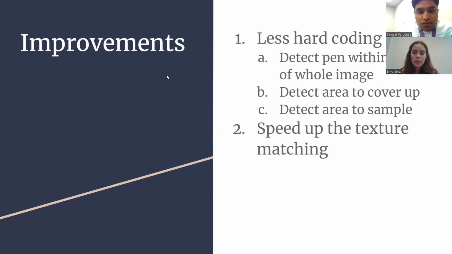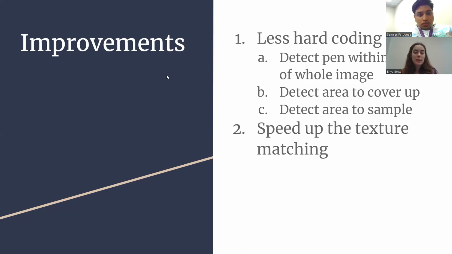Also, we hard coded which area we wanted to cover up and the area that we wanted to sample from, when we probably could have used this red thresholding to find those areas in the first place. So this is definitely something that could be improved upon in the future.